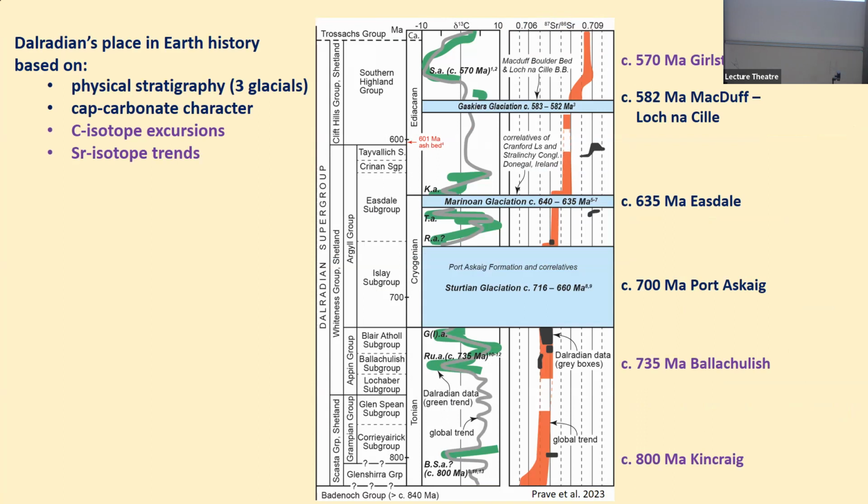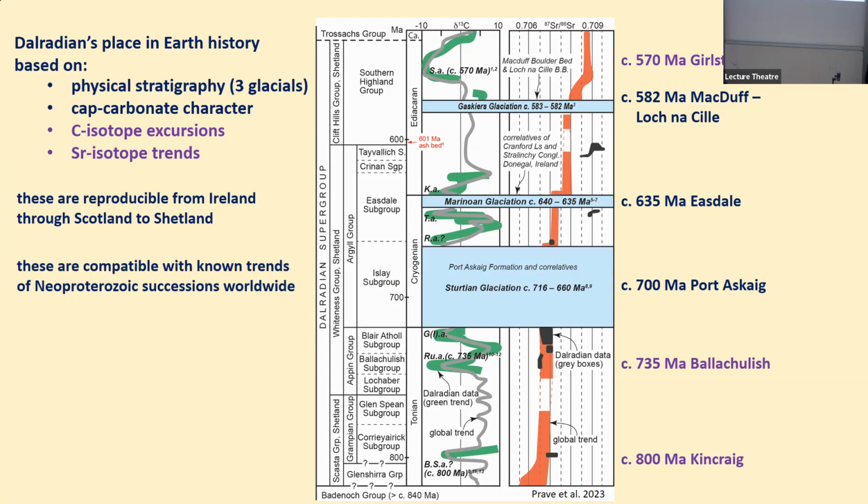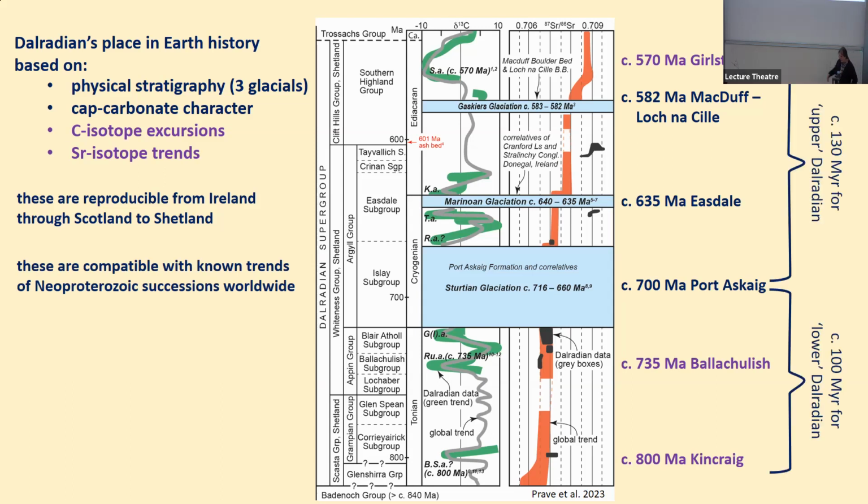These are reproduced from Ireland through Scotland to Shetland, and they're compatible with what we know globally. If we accept those ages, the idea of how much time is locked up in the Dalradian, we can subdivide it into upper and lower, and we're looking at a fairly tasteful about 100 million years per upper and lower Dalradian, which is what you expect for these types of stratigraphic successions globally.